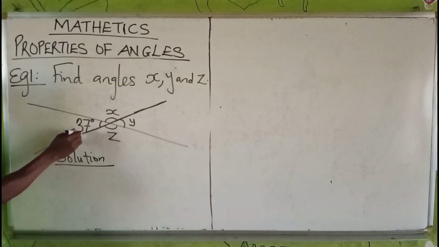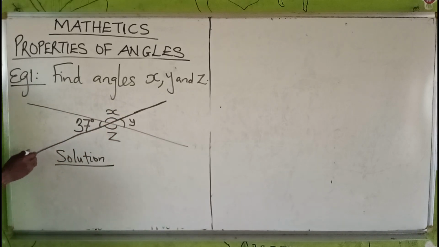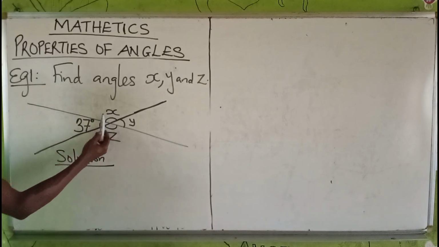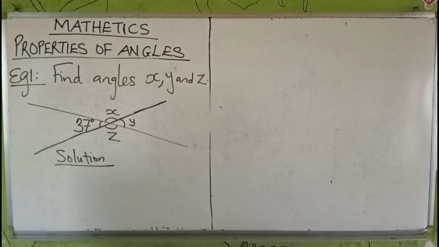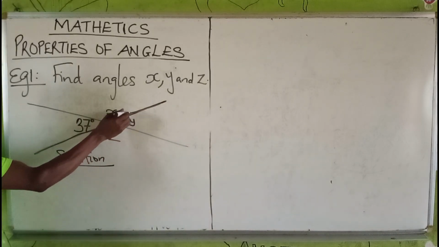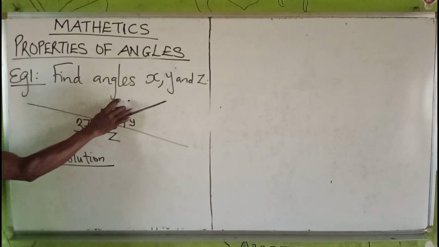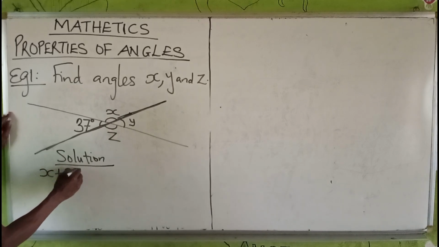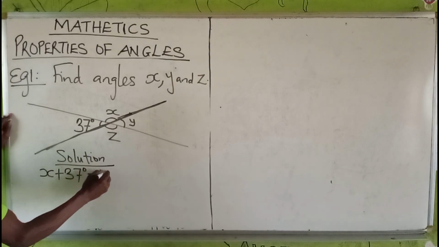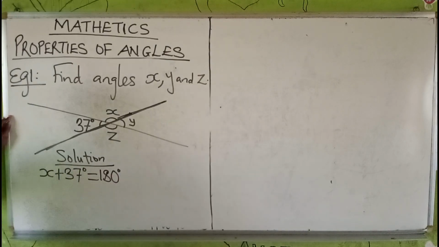That will be theorem number 2 of properties of angles, which says that when 2 or more angles meet on a straight line, as we have 37 and x here, their sum is 180 degrees. So on this straight line, we have 37 and x. That means x plus 37 degrees is equal to 180 degrees.